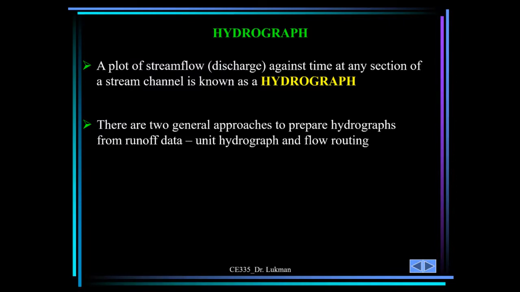The first one is called unit hydrograph and flow routing. Unit hydrograph is simply an idealization, whereby you assume that you have rainfall of unit magnitude occurring in unit duration and causing a unit amount of runoff. So you have a rainfall, let's say, of 1 centimeter occurring in unit duration, let's say 1 second, and then that rainfall is applied uniformly over the basin and is causing unit amount of runoff.